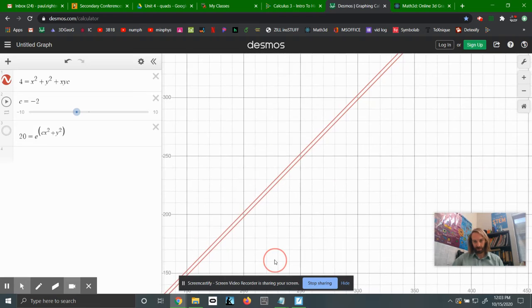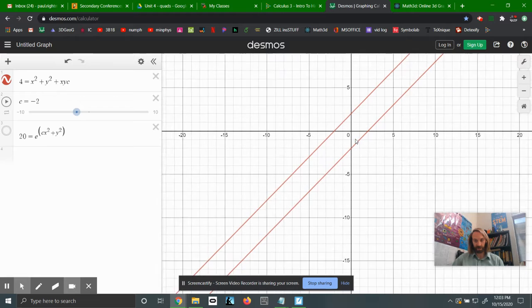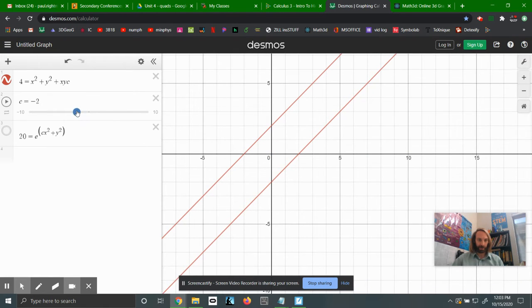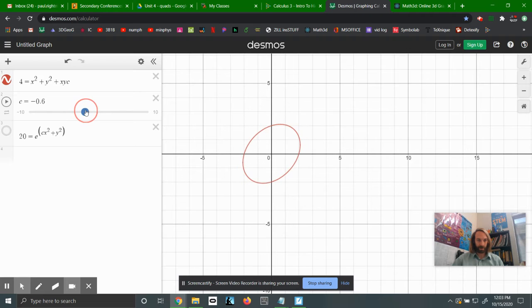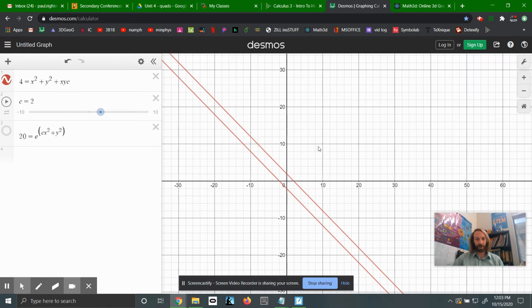You get these two parallel lines. And this one's kind of tricky, I think, to think about what it would look like. If you go up into the positive numbers, there's going to be another cutoff at 2. You get another set of parallel lines.